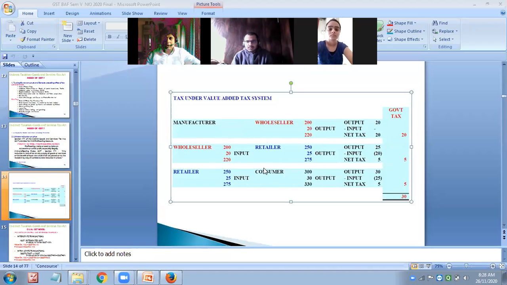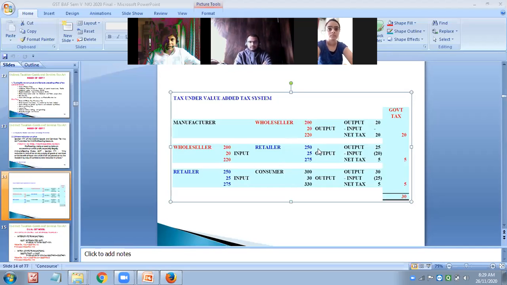Again, suppose the wholesaler has sold the same product to the retailer. So the retailer is supposed to pay 250 rupees to the wholesaler. Agreed? So in this 250 rupees, the retailer has paid 200 rupees for the product, and the wholesaler added the value of 50 rupees.